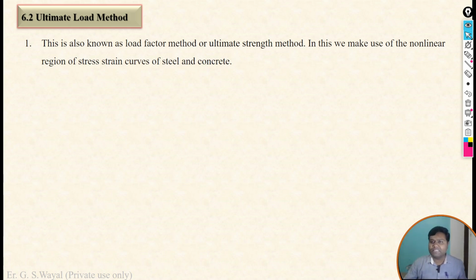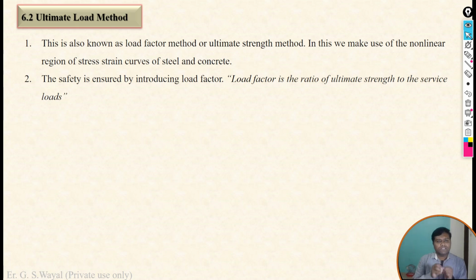In the working stress method we use only the linear portion, but in the ultimate load method we go into the non-linear zone also. That is the advantage of the ultimate load method over the working stress method.